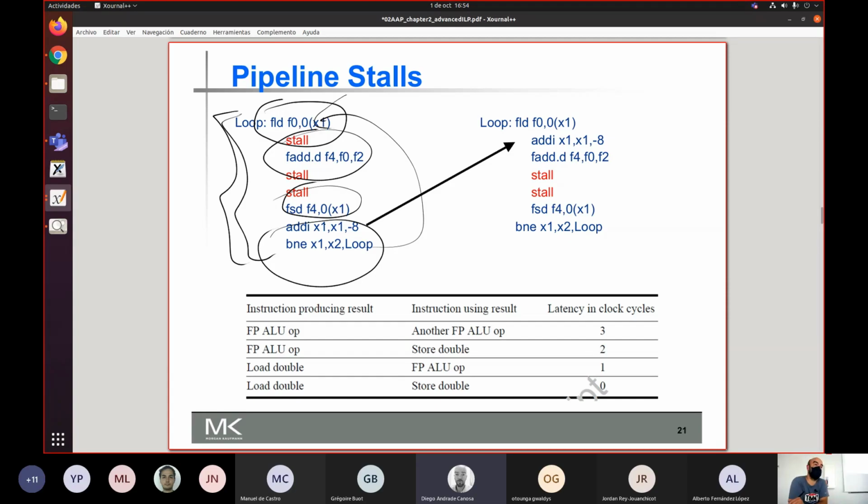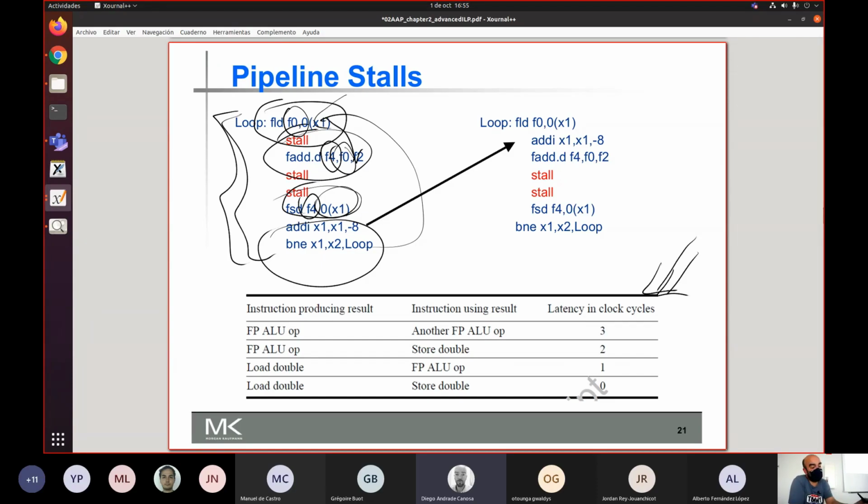This instruction is loading F0, and this instruction is using F0. And at the same time, this instruction is writing a new value in F4, and this instruction is going to offload the value in F4 to a given memory address. So according to these latencies, we are going to have one stall here and two stalls here, because we have to wait until the results are ready.